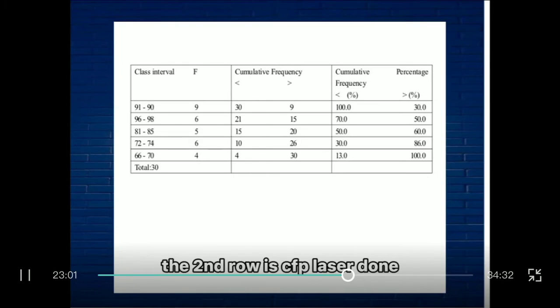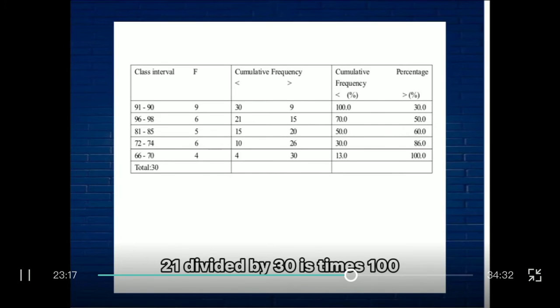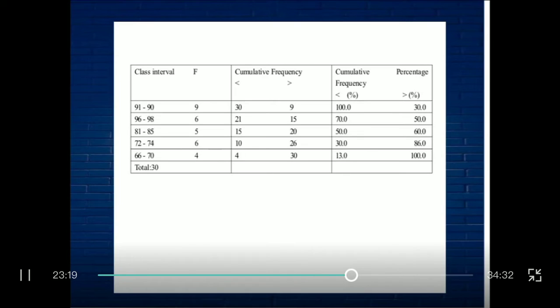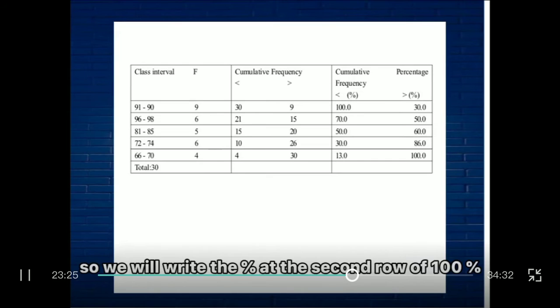The second row is CPF lesser than equals CF lesser than over n, the number of cases, times 100. So 21 divided by 30 times 100% equals 0.7 times 100%, which is equal to 70%. So we will write the 70% at the second row.